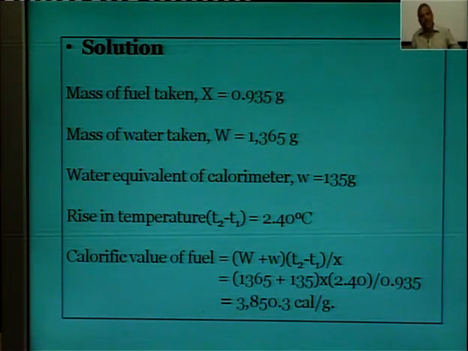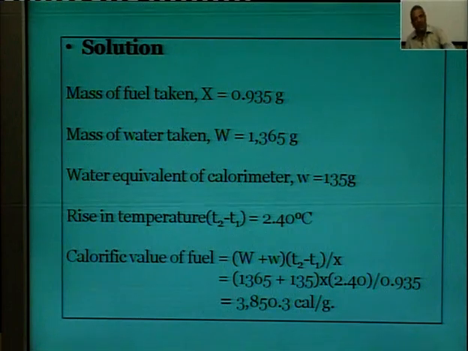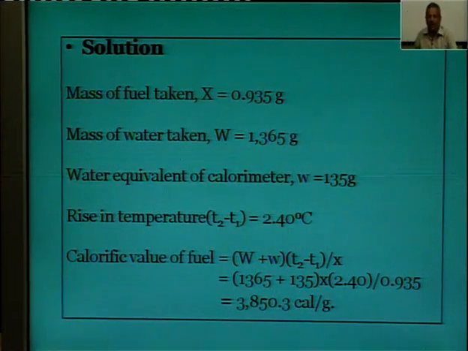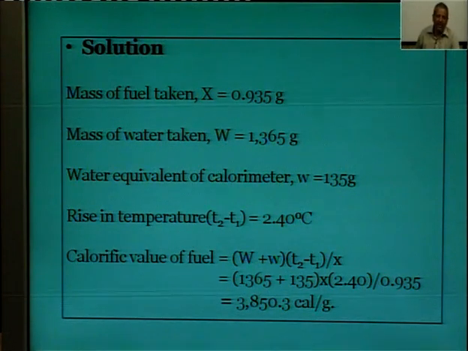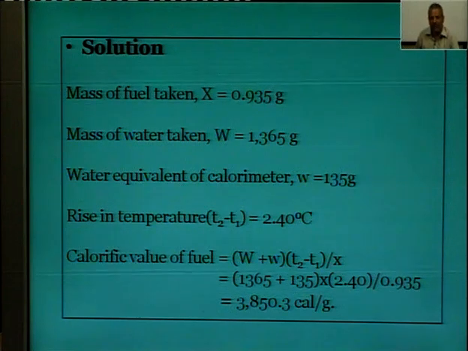The calorific value is the total quantity of heat produced when 1 unit mass is burnt completely in the presence of oxygen in the calorimeter.